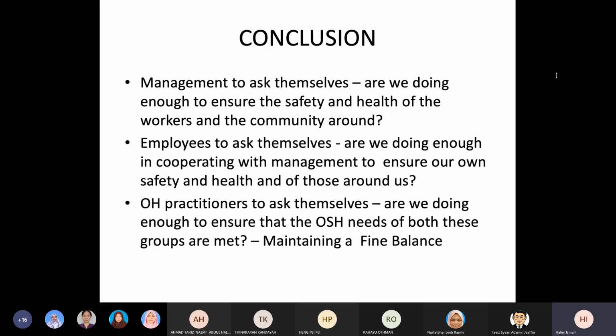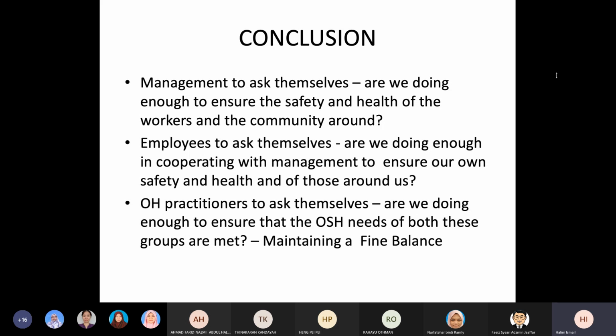Okay. So in terms of COVID-19, same thing. If you're looking at the COVID-19 at the moment, in terms of management, that means those from the KKM, are they doing enough to ensure the safety of the healthcare workers and also safety of the community, right? In terms of the frontliners, you need to ask yourself, are you following the protocol or not to ensure your own safety and health?